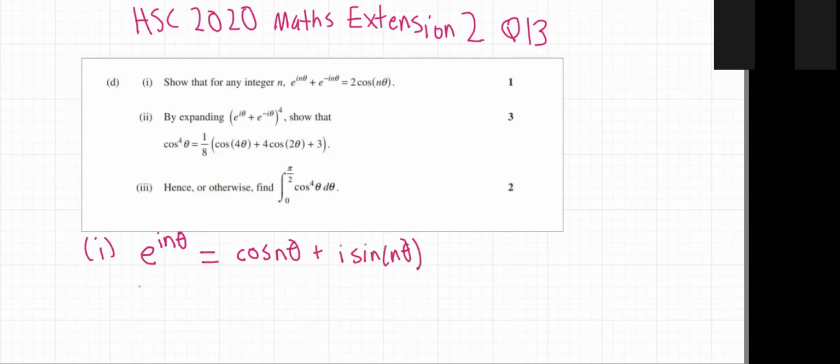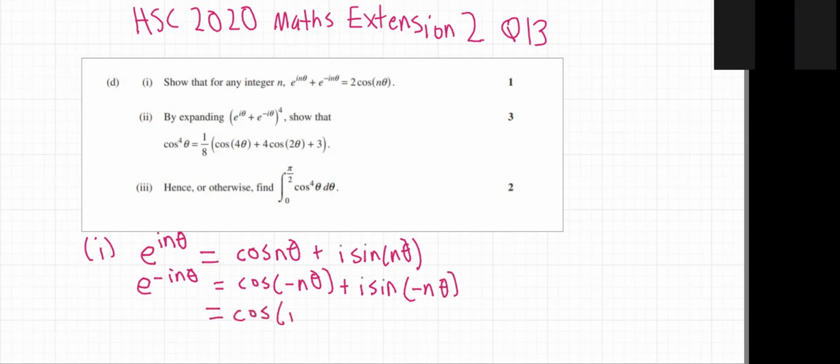And we also have e to the power of negative i n theta is equal to the cosine of negative n theta plus i times the sine of negative n theta. Since cosine is an even function, this is the same as cosine of n theta. And since sine is an odd function, we have a minus sign and we have sine of n theta.